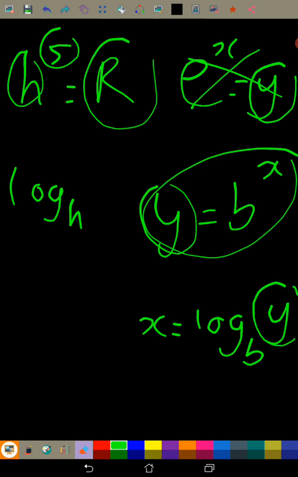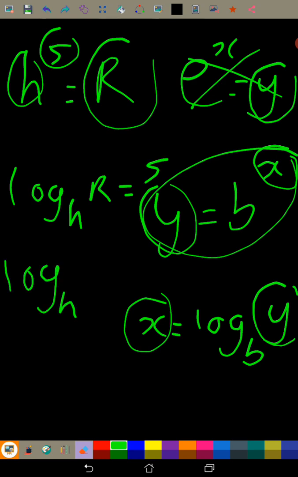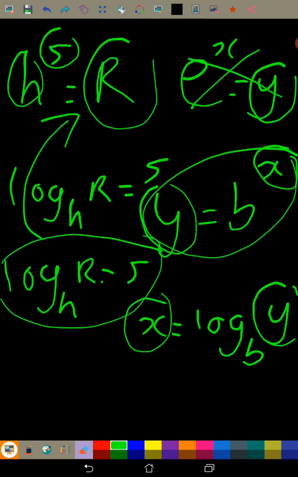This is y, so I have to put r here, and then x is 5. So log base h of r is equal to 5. That's the answer for this. Let me check.